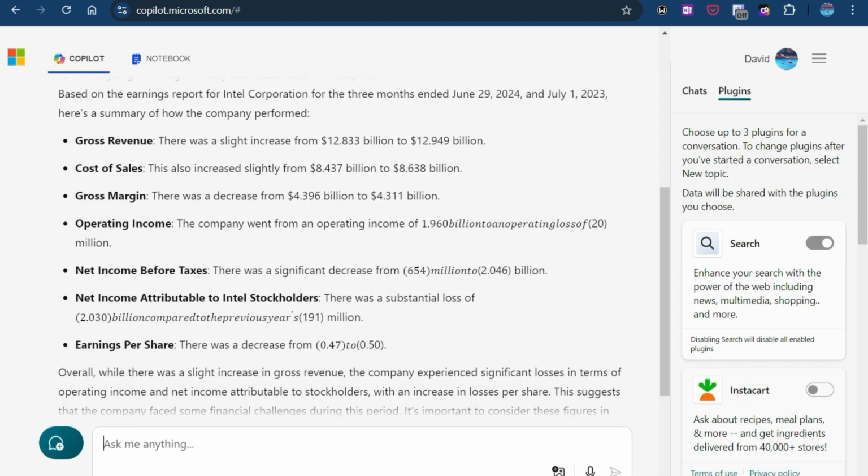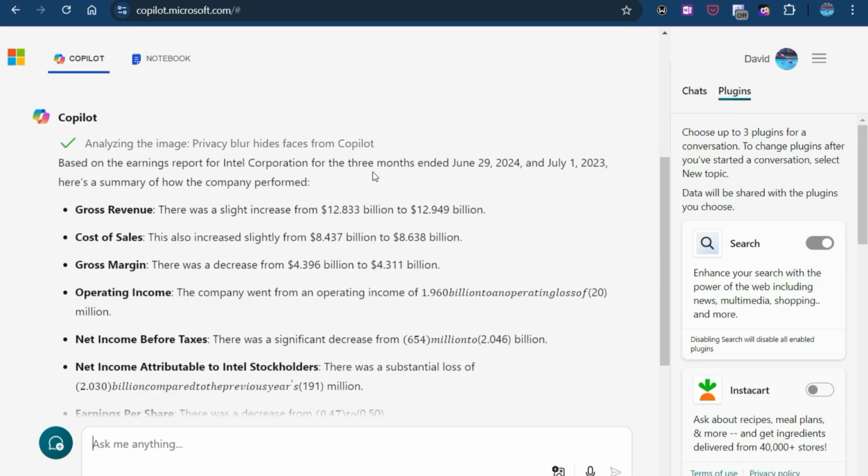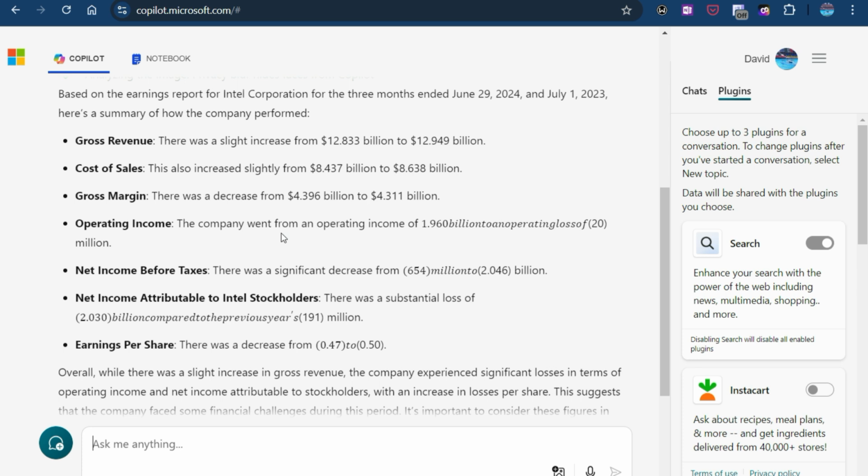And then lastly is Copilot, which is the most disappointing just because I gave it the exact same screenshot and it got the order wrong. It told me that there was an increase in revenue, so it's got that part wrong. And upon further review, now that I'm paying close attention, I see that it made more than just that mistake.